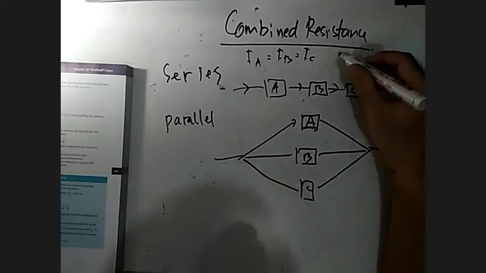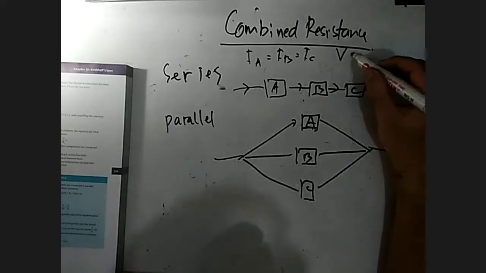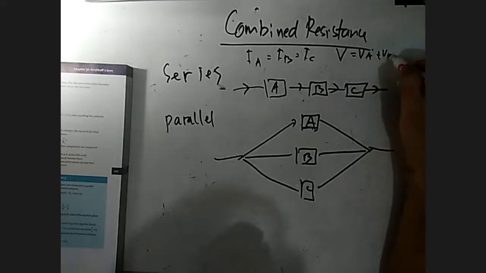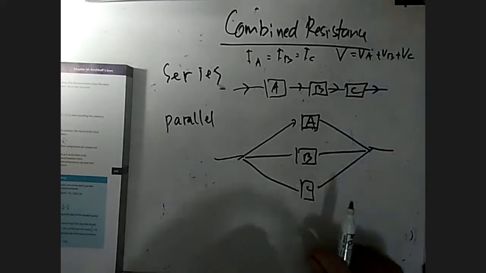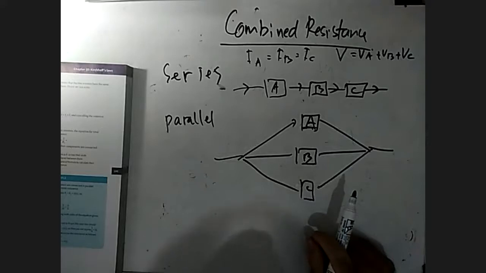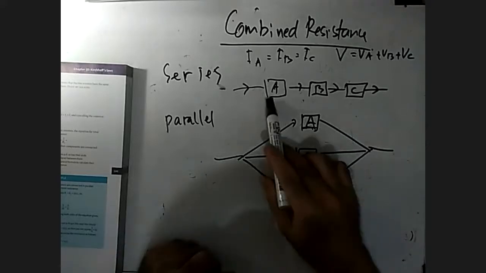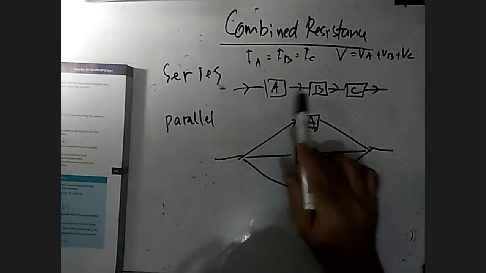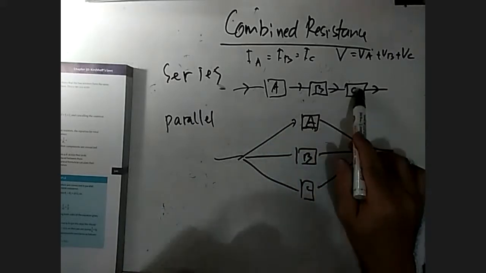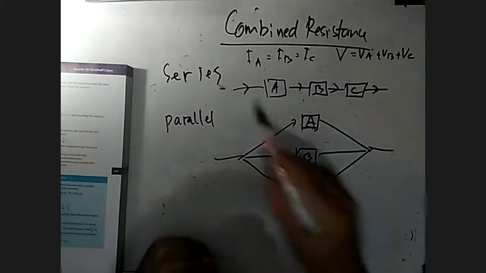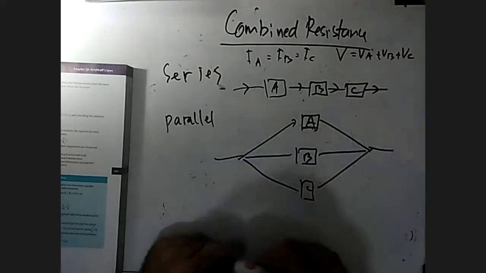Potential difference total, V total, is going to be VA plus VB plus VC. So in series, energy loss in A plus energy loss in B plus energy loss in C will be the total energy that was lost as the current passed through it.